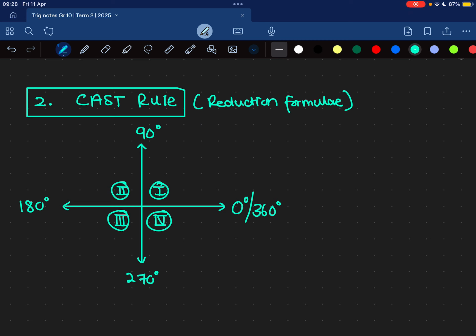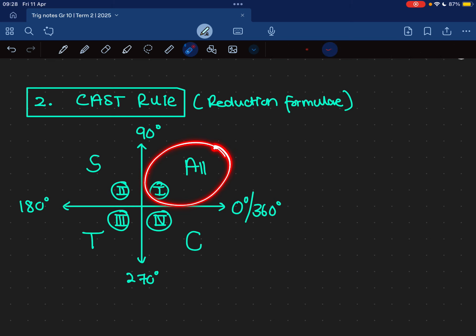Okay, and then by doing so, we can use our CAST rule, C, A, S, T, and remember that the A is for all, where all functions are positive in the first quadrant. The S is for sine, which means that sine is positive only in the second quadrant, and the other two will be negative.